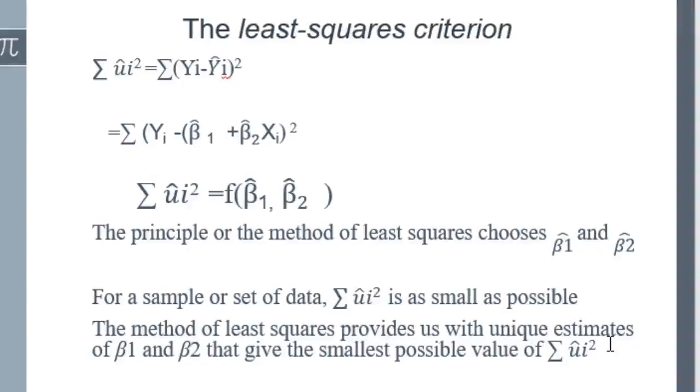If the estimated value is nearer to the actual value, then the error term will be small. In order to make the sample regression function closer to the population regression function, the error term must be very minimum.